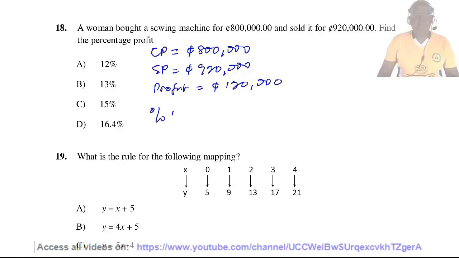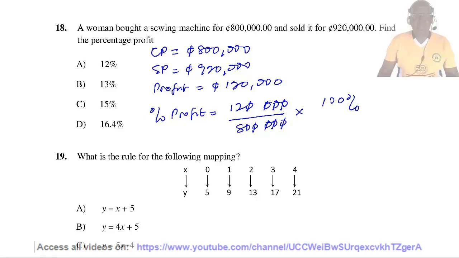The percentage profit is going to be equal to 120,000 divided by 800,000 times 100%. Zeros will cancel out. So we shall be left with 120 divided by 8%. 8 goes here 1, 8 goes here 15. So the answer is 15%, which is C.